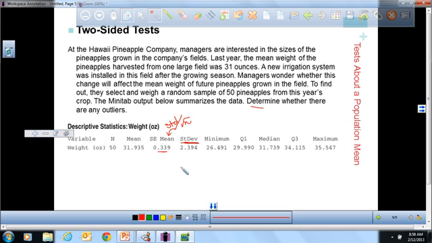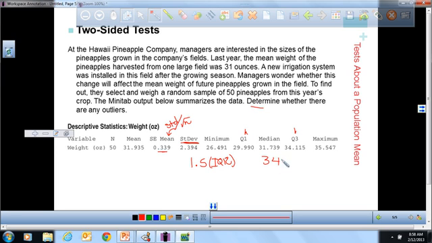Remember that an outlier is anything that lies 1.5 times the IQR past Q1 or Q3 in either direction. So IQR is the difference between Q3 and Q1.